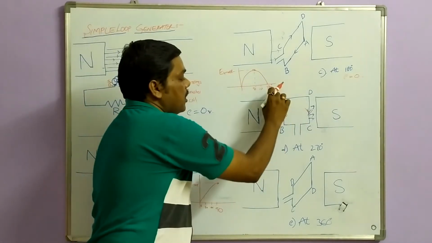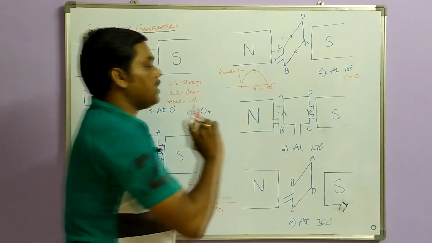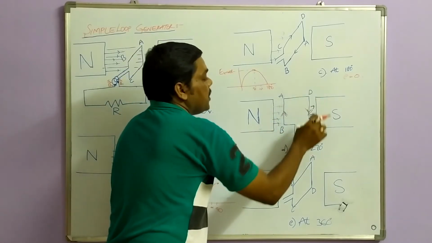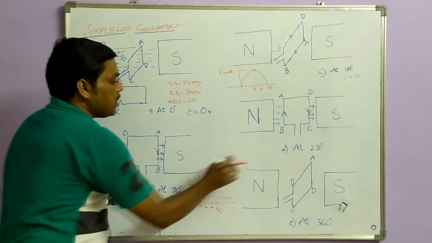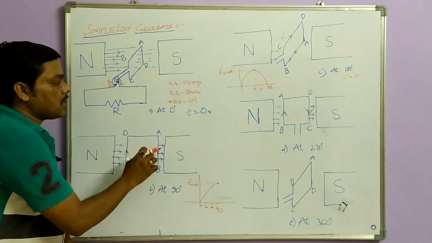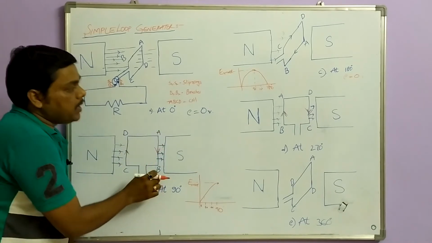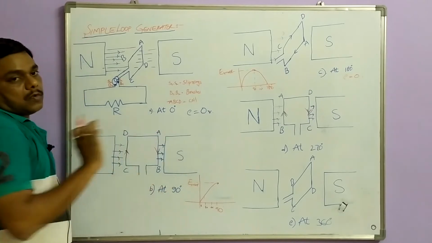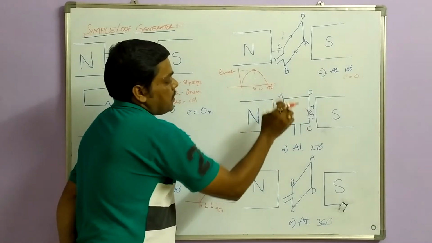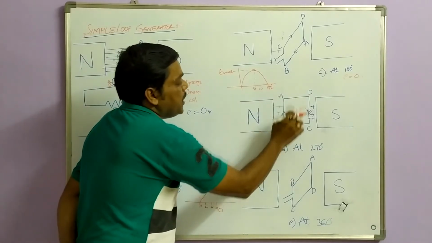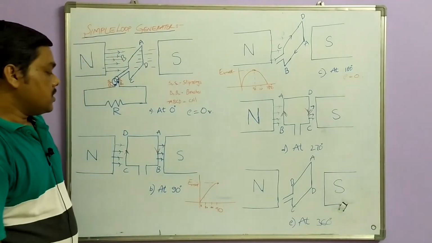Now the current in the AB conductor is moving from B to A, and the current in conductor DC is moving from D to C. Now you observe the main difference between 90 degrees and 270 degrees. At 90 degrees, the current in conductor AB is from A to B and it is under the S pole. But at 270 degrees, the current in the AB conductor is B to A and it is under the north pole.